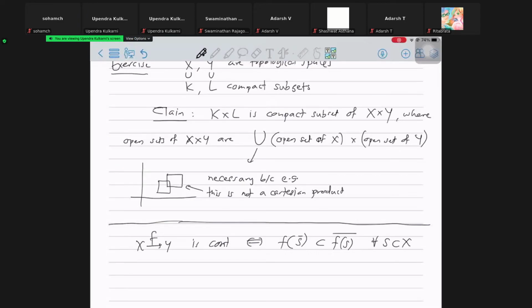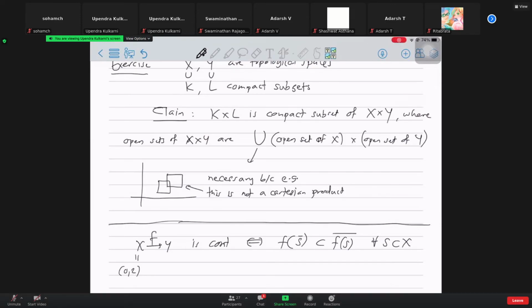Okay, X is, say, open 0 to 2. And f is on open 0 to, let's say, closed 1. f of x is equal to x.